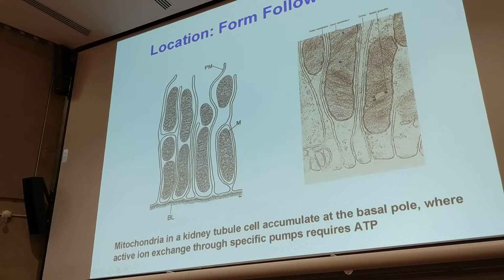So whenever you see mitochondria, for example, in the skeletal muscle, or here at the kidney tubule, that means that there's a lot of activity, a lot of energy involved.